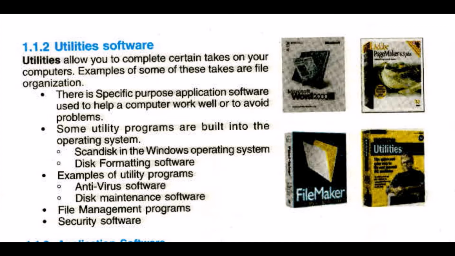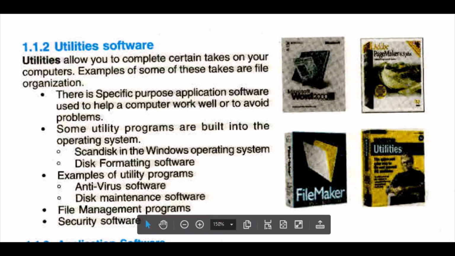So you're using a device, you're using a system, and you want it to work at 100% potential, right? And this is where these come in. They scan your drive, check for errors, disk formatting, antivirus, disk maintenance, security, and file management. This is all system utility software built within a system software. You don't need to install something extra, or you may, but you don't need to because they are built in. They're already there.